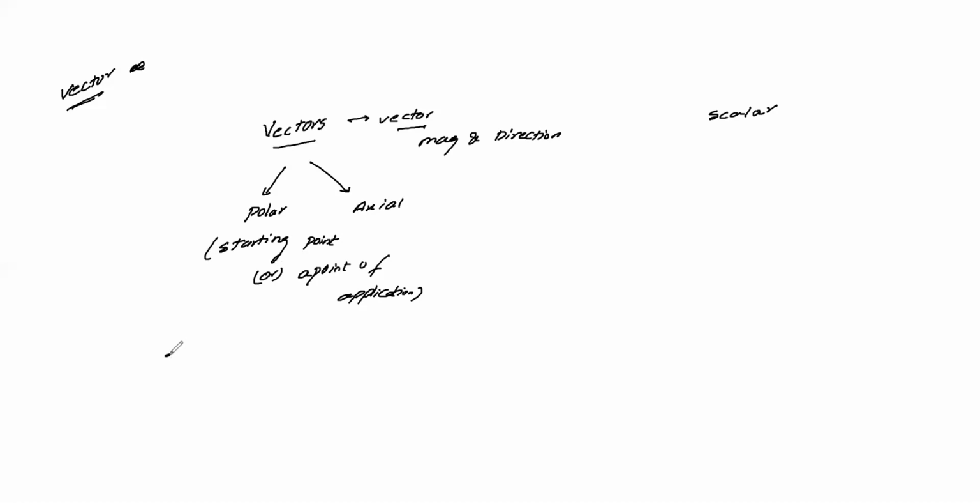Assume there is an object traveling from point A to point B. There is a starting point, the initial point, and a final point. When you apply some force on this object, it will travel in a straight line. Straight line motions we call polar vectors.